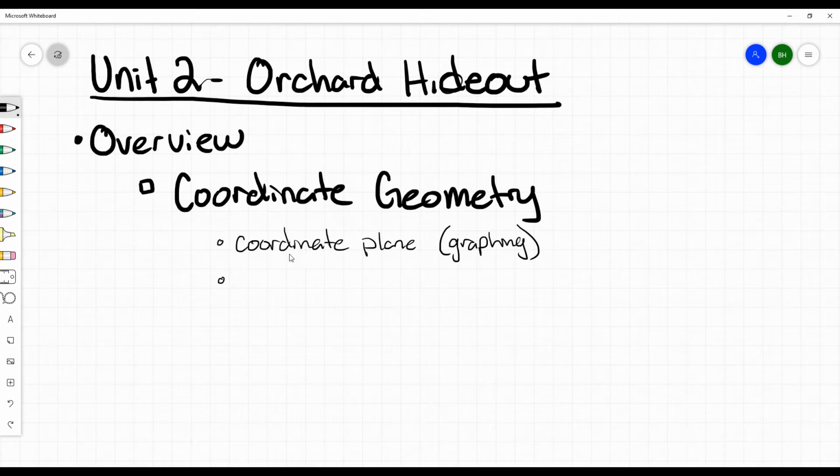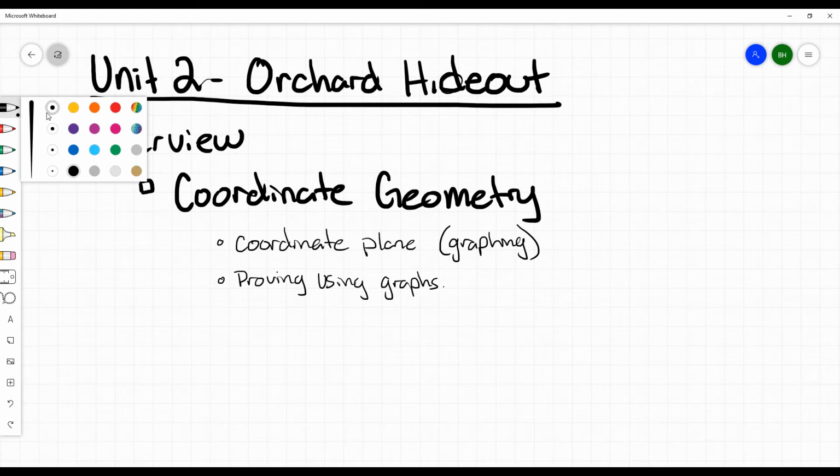In addition to that, it's going to be proving items, proving different theorems about shapes, proving different things exist, proving using graphs. And so in order to be successful with coordinate geometry, this piece of this unit Orchard Hideout, you need to be able to utilize your graphs and different equations or formulas to make sense of what's going on. We'll break this up in a later video, but for now, that's one of the objectives.